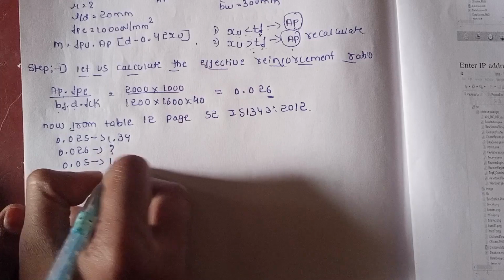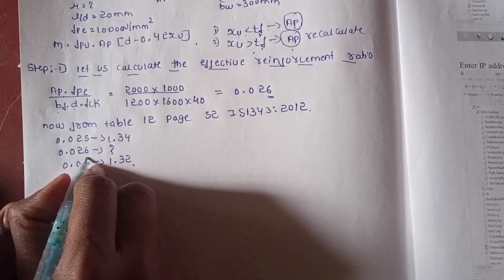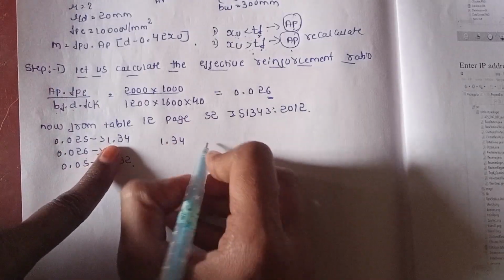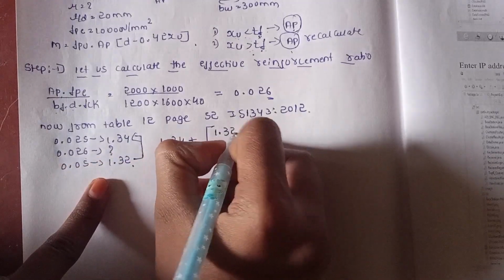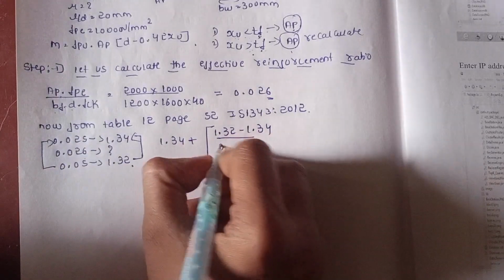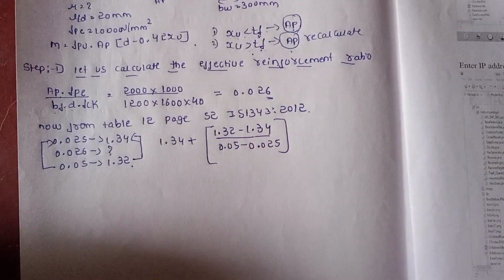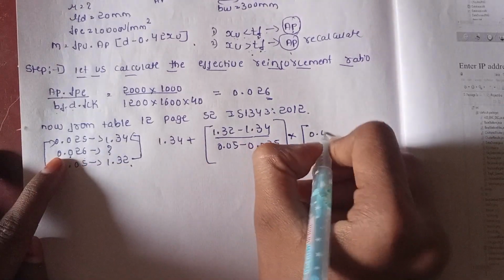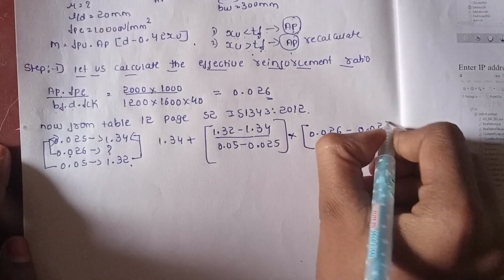With the help of interpolation: 1.34 plus bracket open this value minus this value, so 1.32 minus 1.34, divided by this value minus this value, 0.05 minus 0.025, bracket close, into again bracket open, 0.026 minus 0.025.